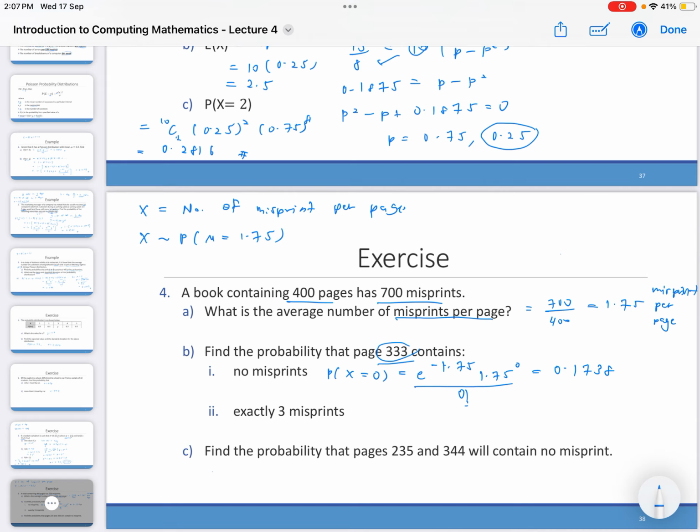And then for question 2, this one is exactly 3 misprints. So this is the probability of x equals 3. We use the formula, you just substitute x equals 3 now. So the final answer here is 0.1552.